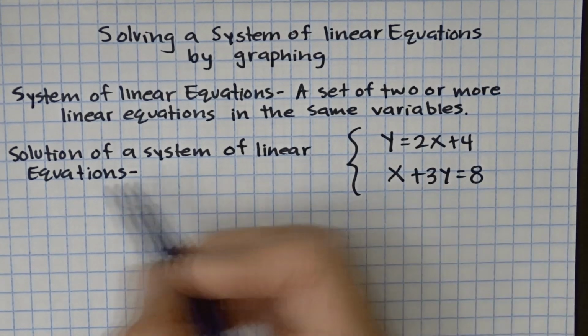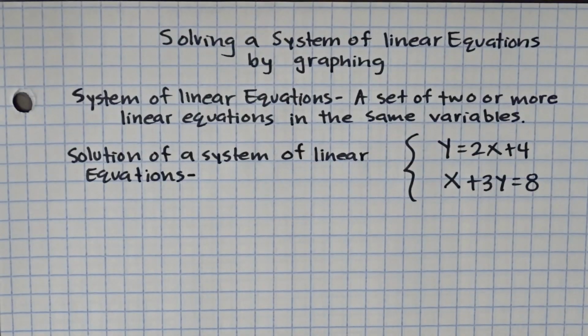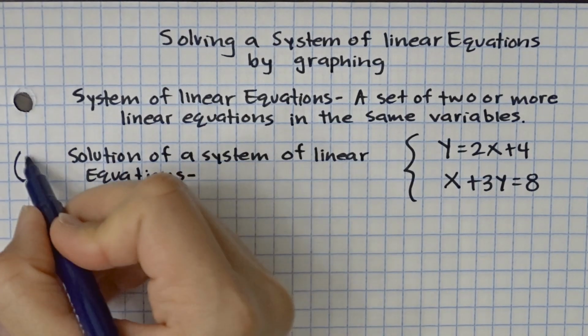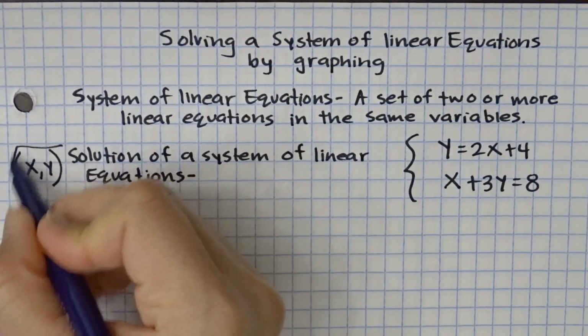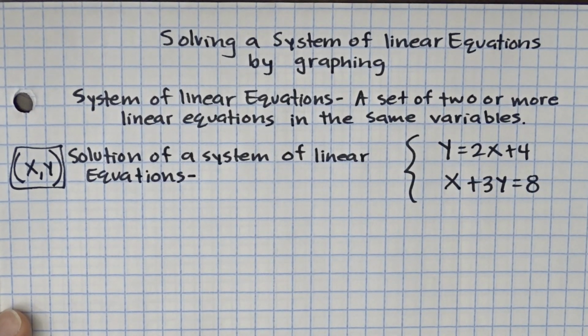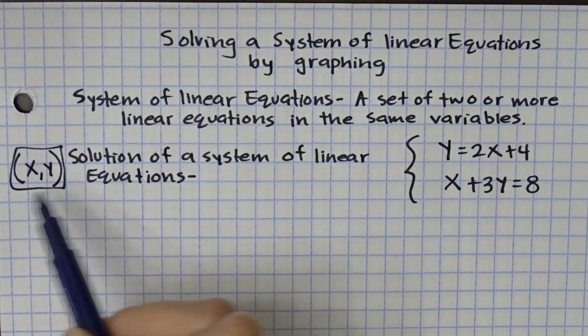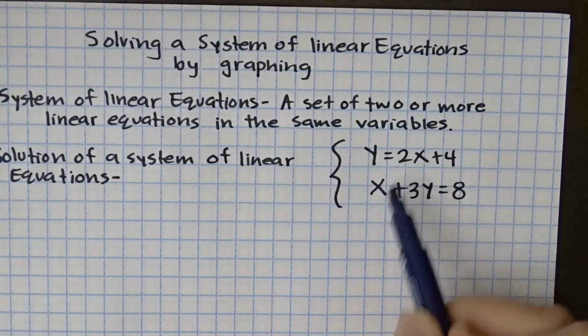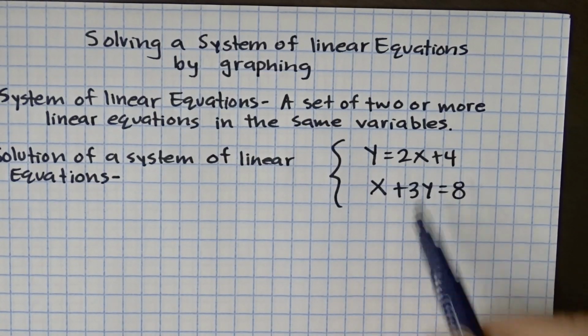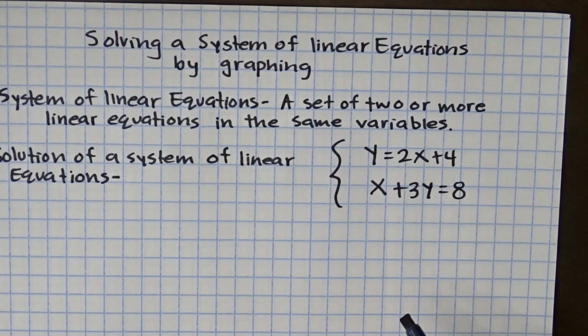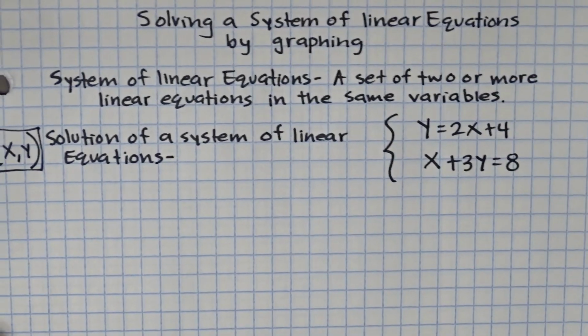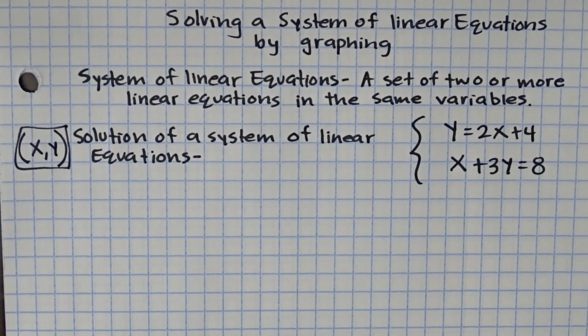A solution would take the form of a coordinate point. So whenever you find a solution, it's going to look like a coordinate pair, because the x and the y together are the same x and y that work when you plug them into both equations. You will notice that both equations are satisfied, so therefore it would be a solution. And the method that we're going to use today is finding that point by graphing.